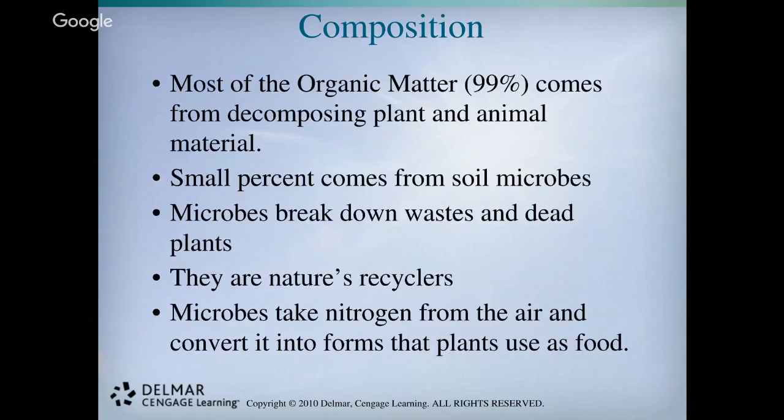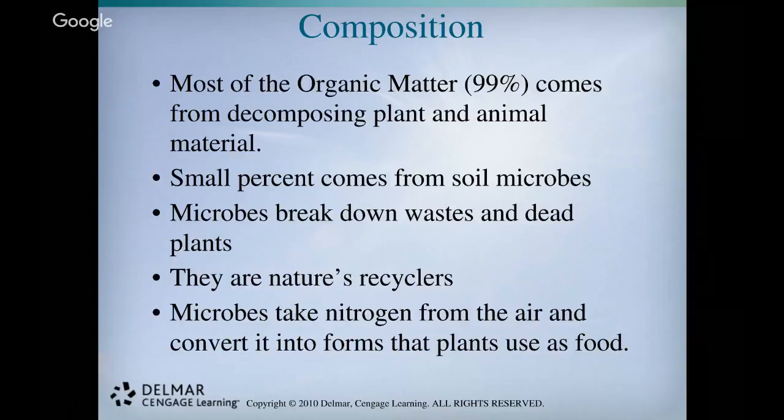Okay, next here. So most of the organic material does come from decomposing plants and animals. A small portion of it comes from the actual microbes that are decaying or dying. But a large part of that organic matter does come from the plants and animals on the earth. Then as they die, they decompose and then become part of that nutritious topsoil or A horizon.